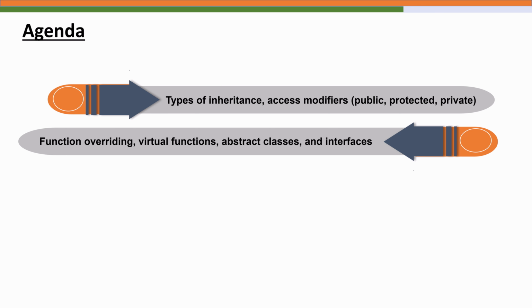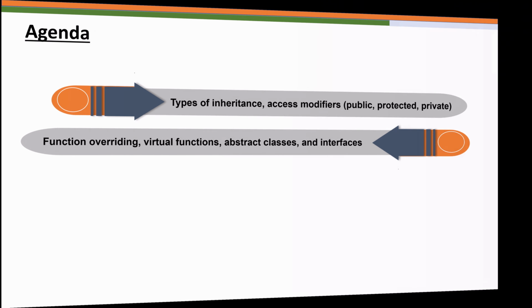Next, we will see function overriding, virtual functions, dynamic polymorphism, and finally we will cover abstract classes and pure virtual functions. So by the end of this session, you will not only understand these concepts conceptually, but also see how to implement them in C++ through step-by-step examples.